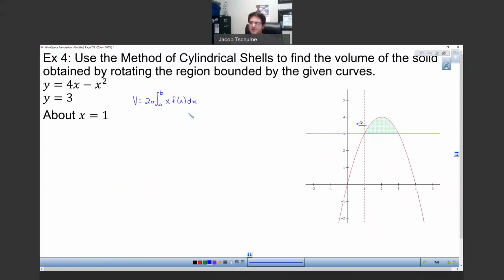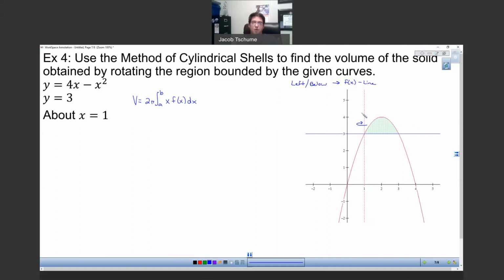The problem is that you are rotating around a line that is to the left of the region that you're rotating. So remember last time, if you have a line that is below or to the left, you have to end up doing the function minus the line.